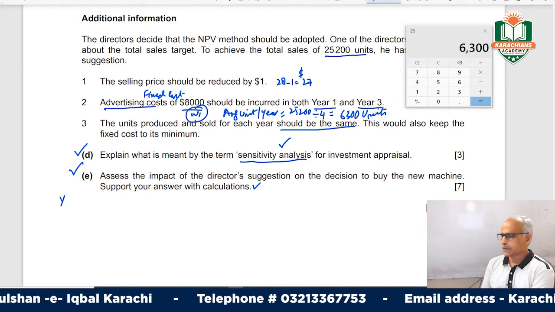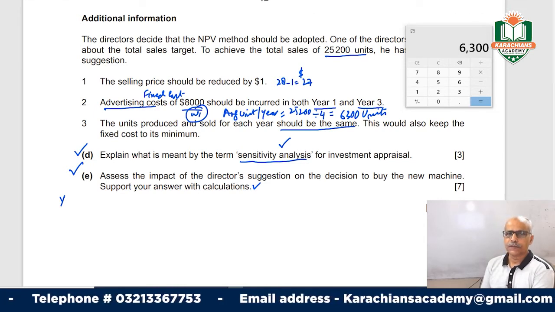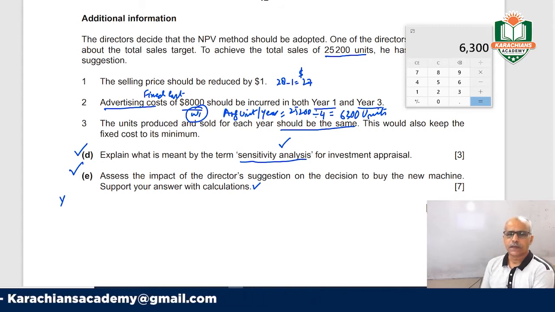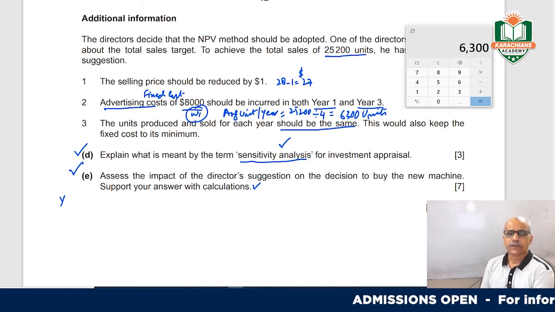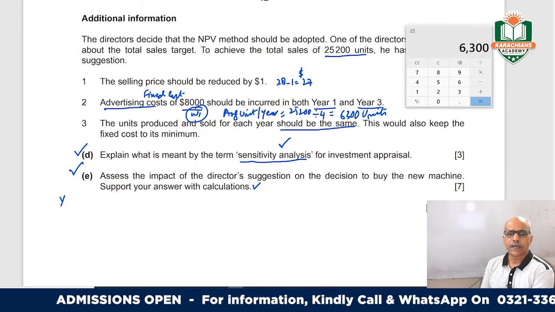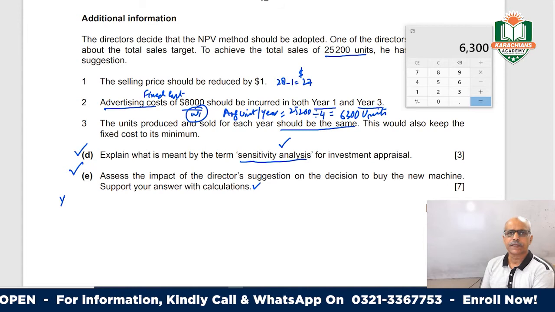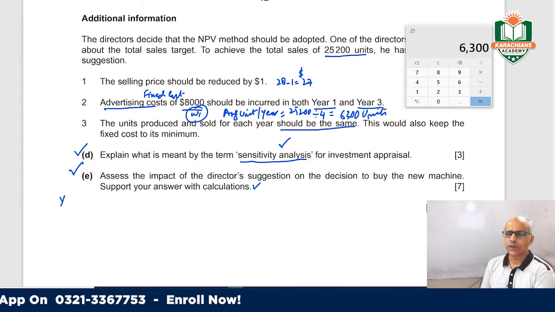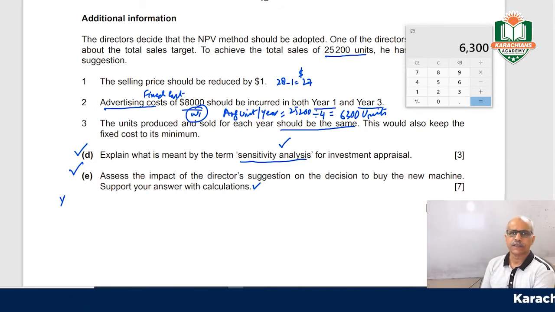Actually management has decided to go with the NPV option at the 10% cost of capital, right? So now they are saying, if this what if happens, will there be any change in your decision of selecting this asset based on the NPV, because your NPV is positive and you have decided to go with this machine of $160,000 and invest the 160,000 based on the NPV.